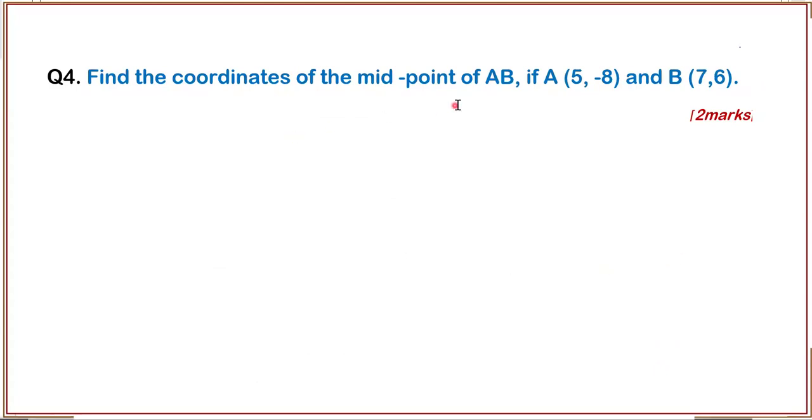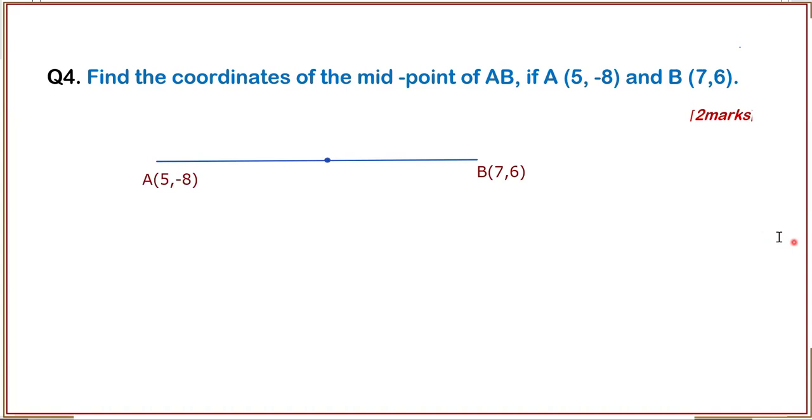Find the coordinates of the midpoint of the line segment AB, where the coordinates of A are 5, minus 8, and coordinates of B are 7, 6. Let's visualize this line segment. This is point A with coordinates 5, minus 8, and this point is B, coordinates 7, 6.